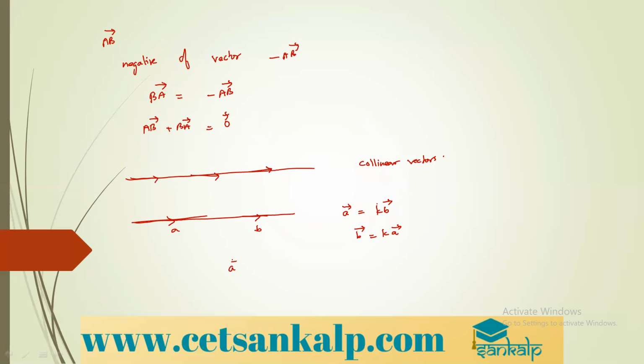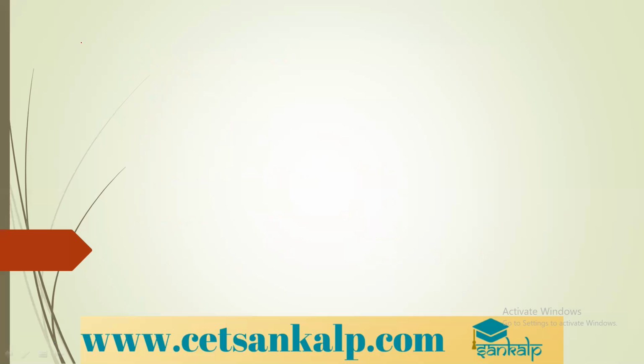And then we can say vector A and vector B are linearly dependent. Vectors which are not collinear are called non-collinear vectors.